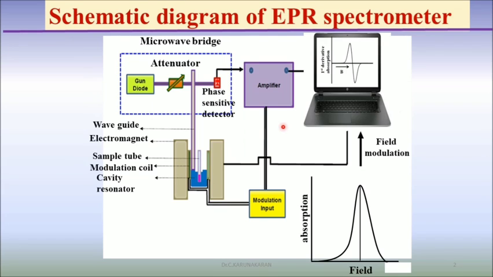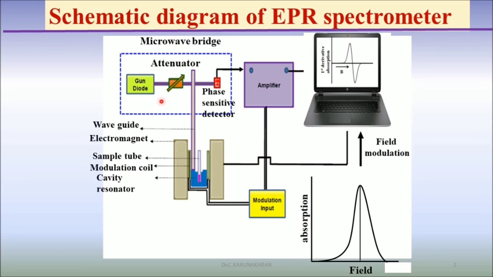Here I have shown the schematic diagram of an EPR spectrometer. It consists of an electromagnet similar to NMR, sample holder, amplifier and detector. In this case, we use a microwave bridge, which is used to generate monochromatic microwave, for example 9.8 gigahertz.